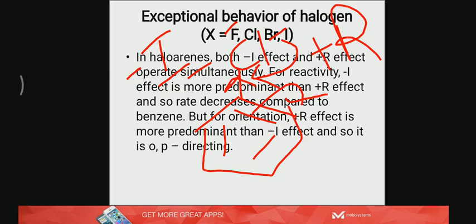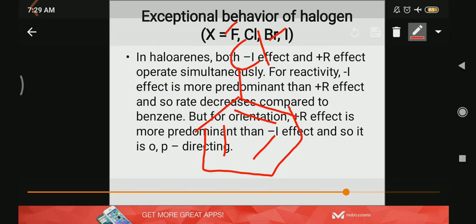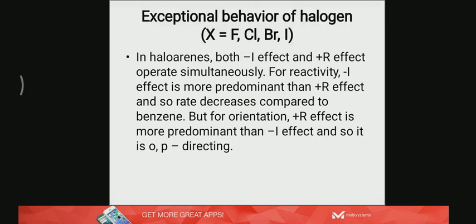As far as reactivity is concerned, minus I effect is more predominant, or more decisive, and it is deactivating due to the minus I effect. Electron density decreases due to minus I effect, so reaction rate decreases, right? Because minus I effect is more predominant than plus R effect as far as reactivity is concerned.